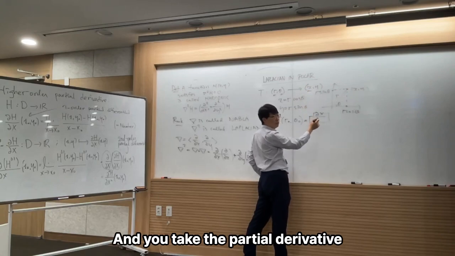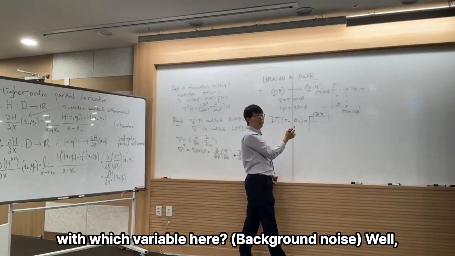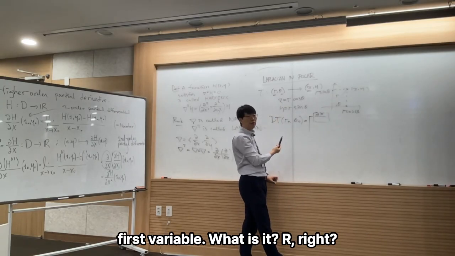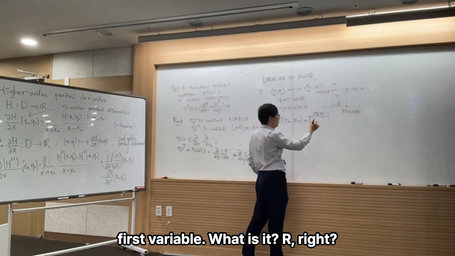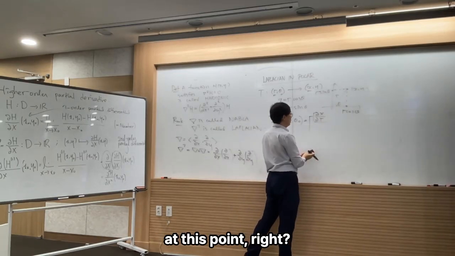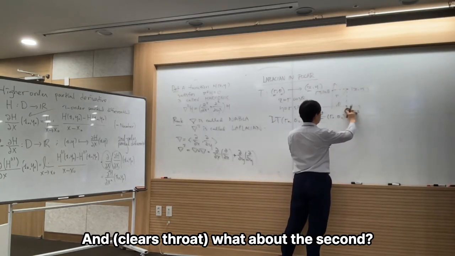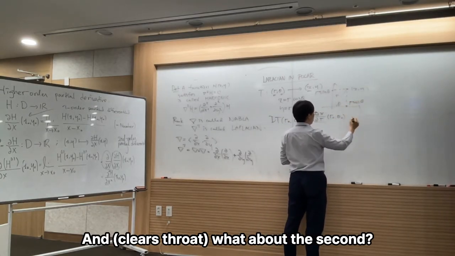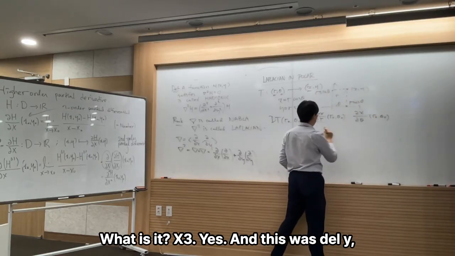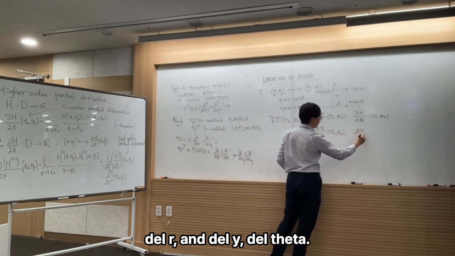And you take the partial derivative with which variable? Well, this is the first column, so you go for the first variable. What is it? r, right? And you're taking the partial derivative at this point, so you have r0, zeta 0. And what about the second? Yes. And this was del y, del r, and del y, del zeta.